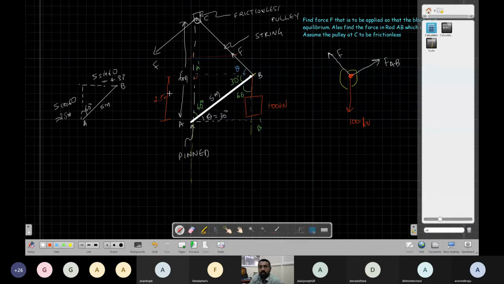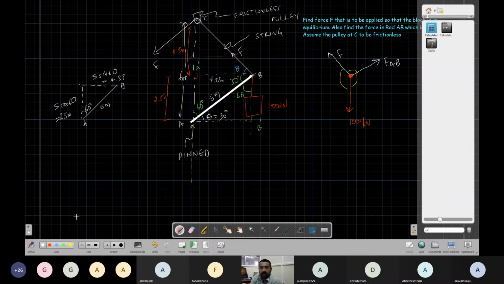If this is 2.5 meters, what is the remaining height? 6 minus 2.5, what is that? 3.5 meters. So this is 3.5 meters and this is 4.33 meters.